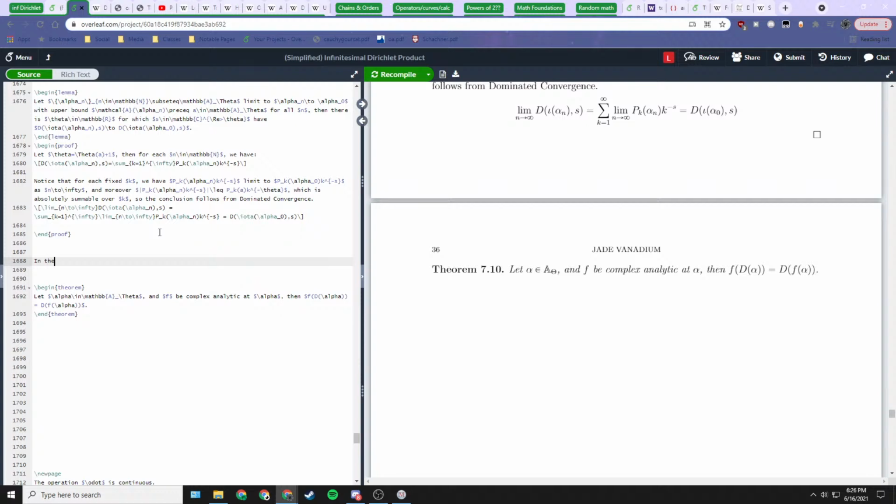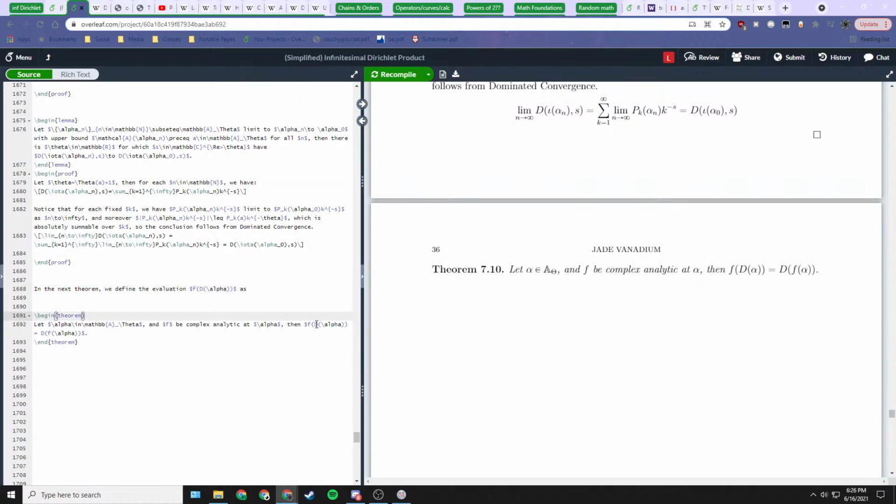So in the next theorem, rather, we define the evaluation f d alpha as follows. Actually, we're going to be specific. We should maybe be doing this not as an evaluation.